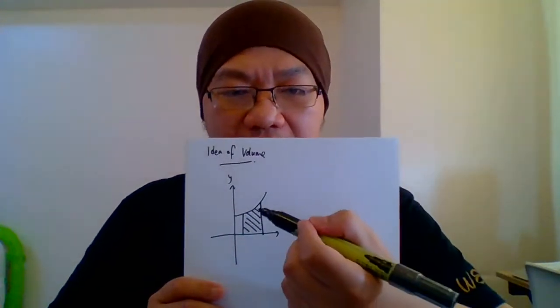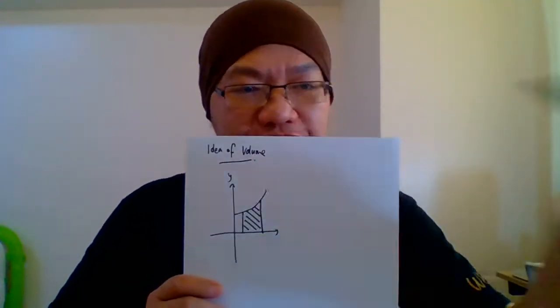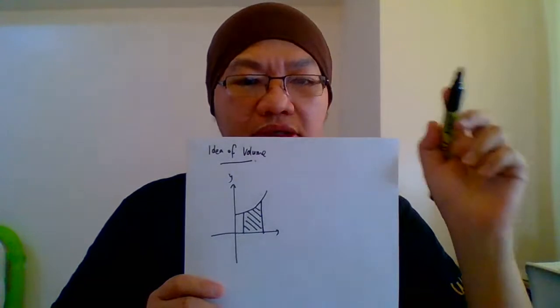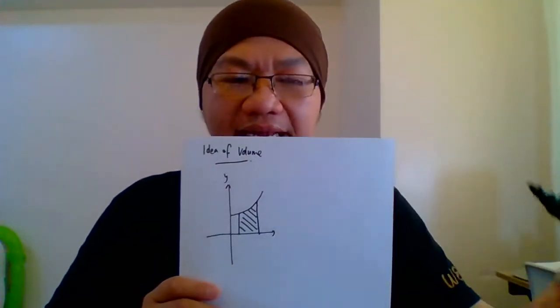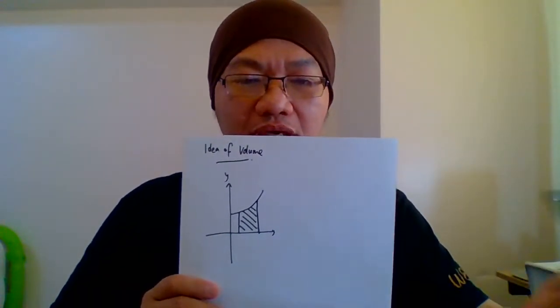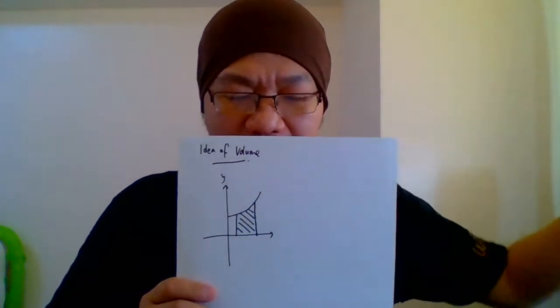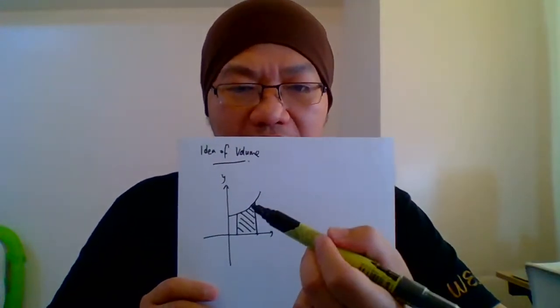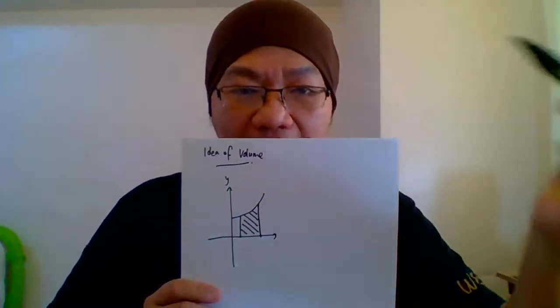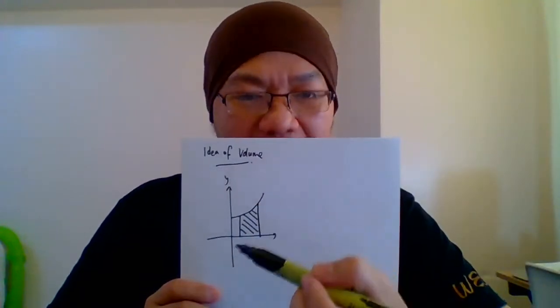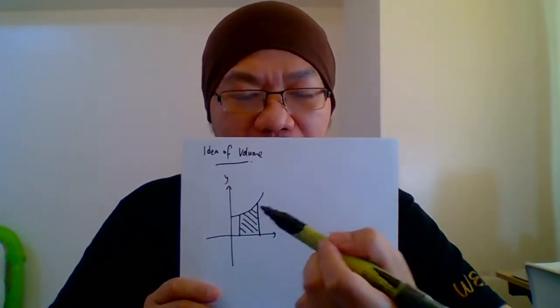I want to find the volume of the shaded region. The first thing is, it's similar to finding the area before, like the class before, you can refer to the previous video. But we are not talking about the area, we are talking about volume now. How do we find the volume of this shaded region?